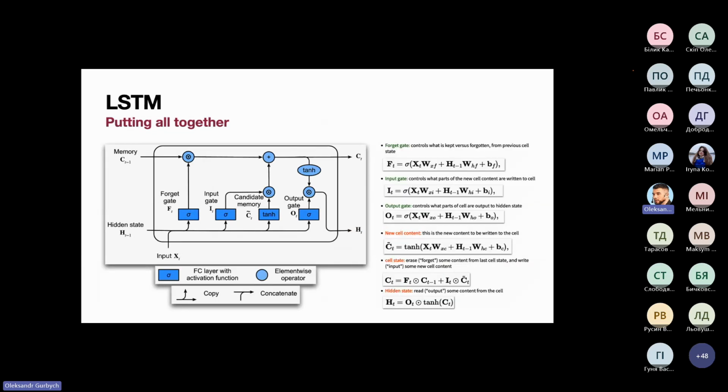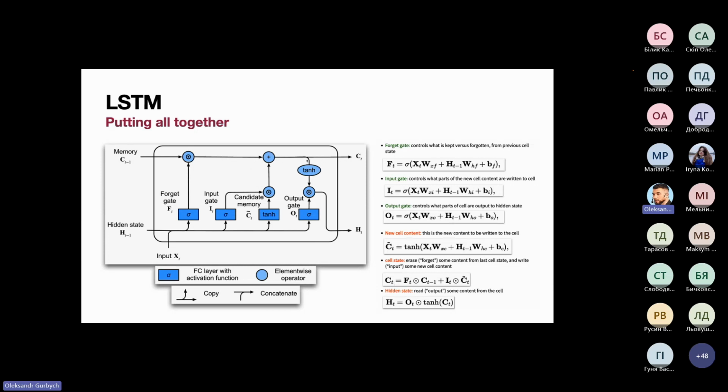Gates, they act only as masks. See F, forget gate, element-wise multiplication by C, plus I, input, element-wise multiplication by a candidate. So C(t-1) is old memory, C(t) is a new. So something we will take old, something we will take new, and then we will add it up here.